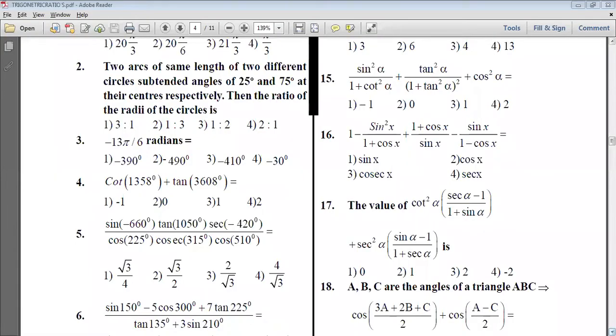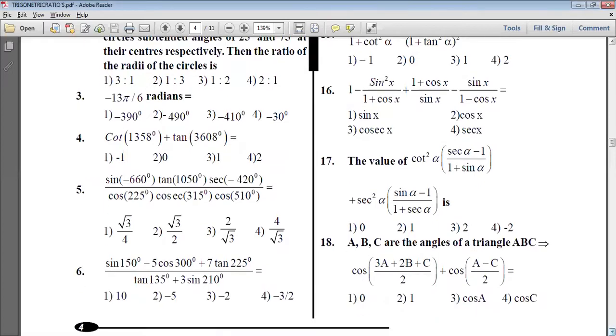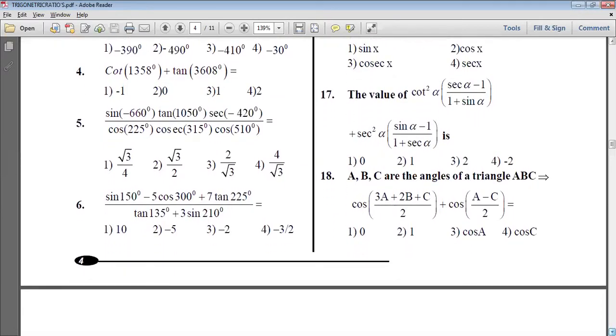Observe this problem number 6. So you have to find the value of this.